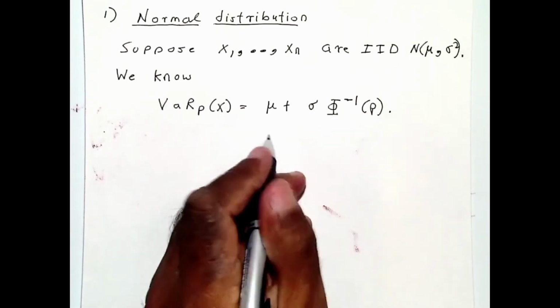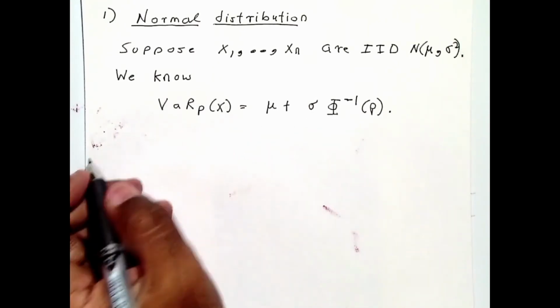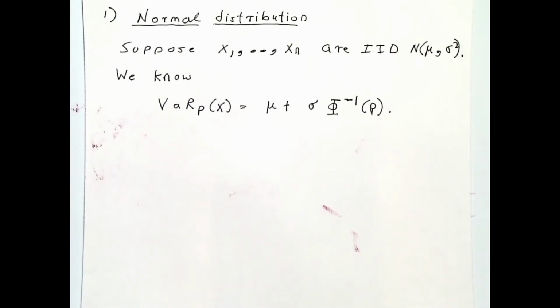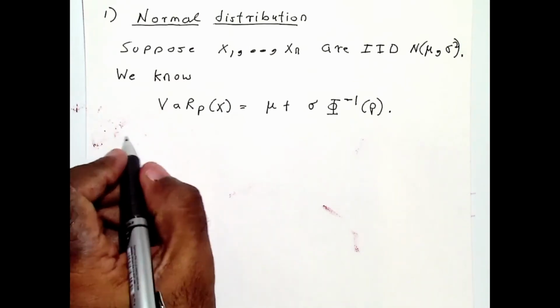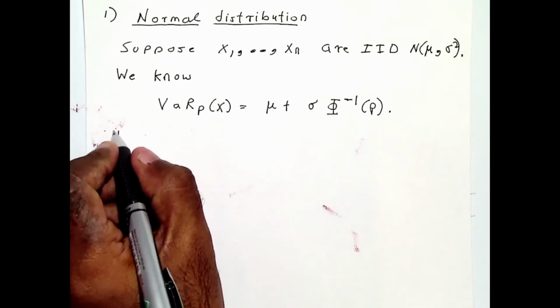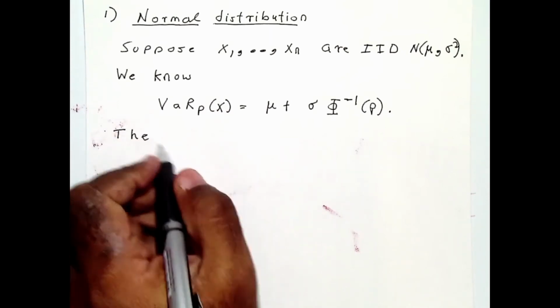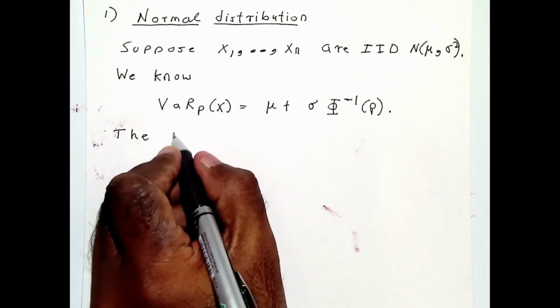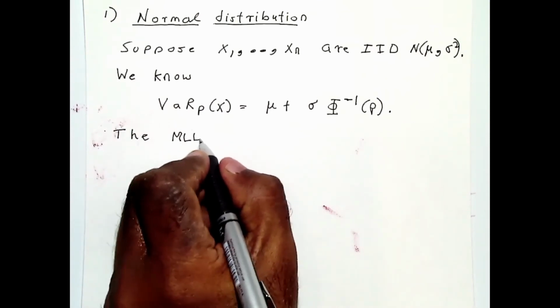Obviously there are two parameters which are unknown, mu and sigma, so we need to estimate them. This is where the second year course comes in.